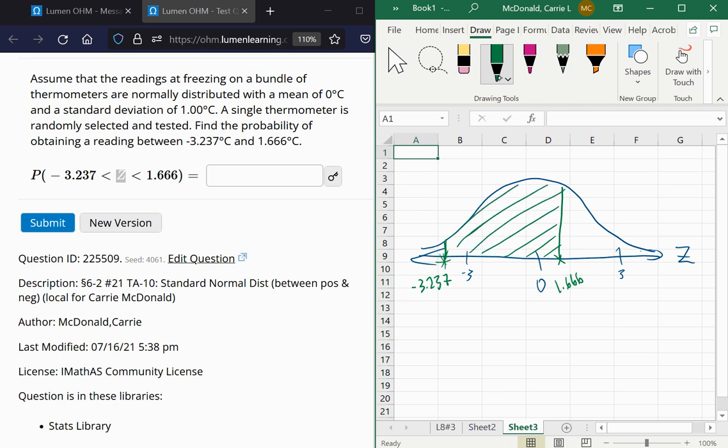Now to find a between area, you want to find the larger left area and the smaller left area, and then you want to find the between area by subtracting the larger left area minus the smaller.